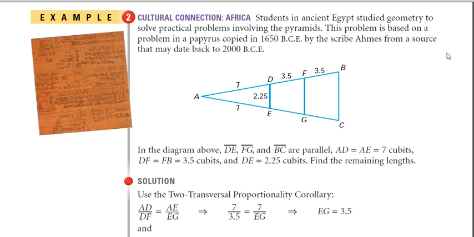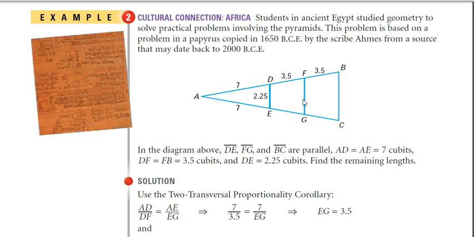I didn't invent the subject, okay? They studied geometry to solve practical problems involving the pyramids. This problem is based on a problem in a papyrus, copied in 1650 BCE by the scribe Ahmes from a source that may date back to 2000 BCE.